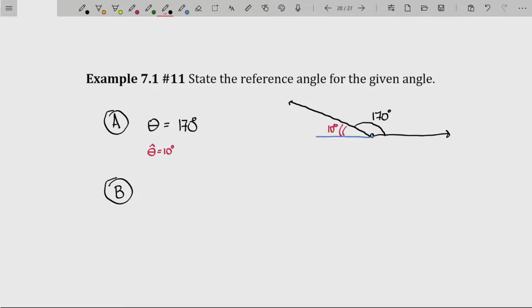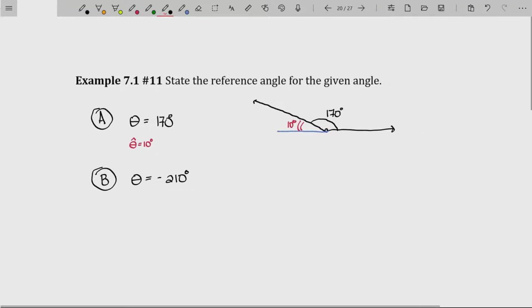Suppose that you have instead theta is equal to a negative, let's say negative 210 degrees. Keep picking on the same quadrant, to be honest with you. What does that mean? So we're going to rotate backwards past 180 and a little bit more. And if you've noticed in all the videos I've done, I say that quite a bit. We do this and some more, right? We rotate 180 degrees backwards and a little bit more. It's that and a little bit more that ends up being our reference angle.